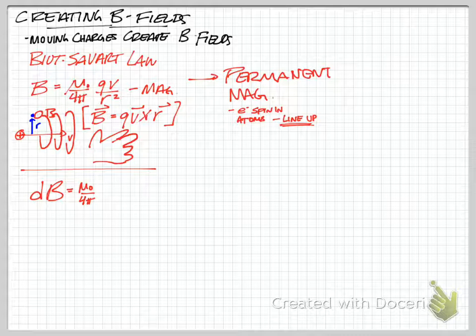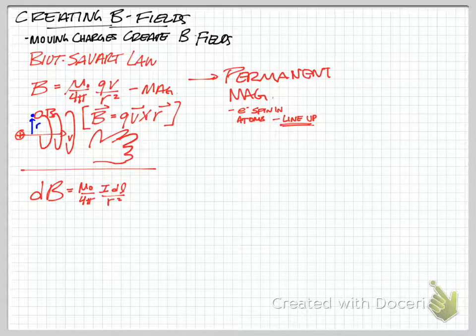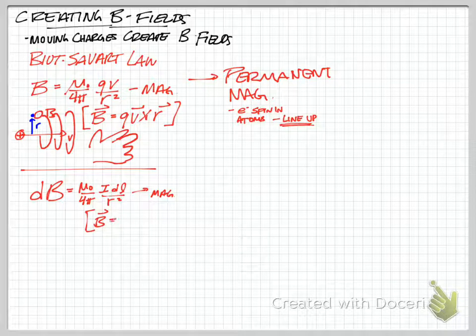So dB equals mu 0 over 4 pi times the current times the differential piece of length of the wire divided by r squared. That's to get the magnitude. In order to get the direction, and I'm not going to draw the hand this time, the direction of the magnetic field is I dl cross r.